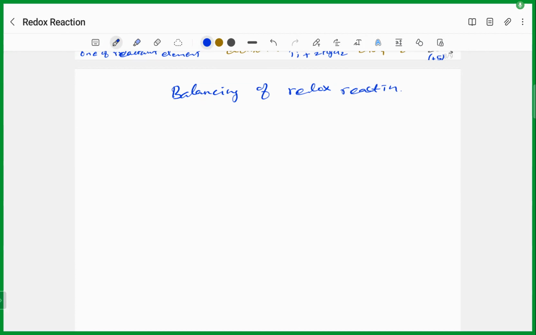So how do we write this? In the oxidation number, total decrease in oxidation number of P4 in PH3, 0 to -3. Correct? So what does the rule say? Balance the increase in oxidation number or decrease in the oxidation number by multiplying the oxidant and reductant with a suitable integer.